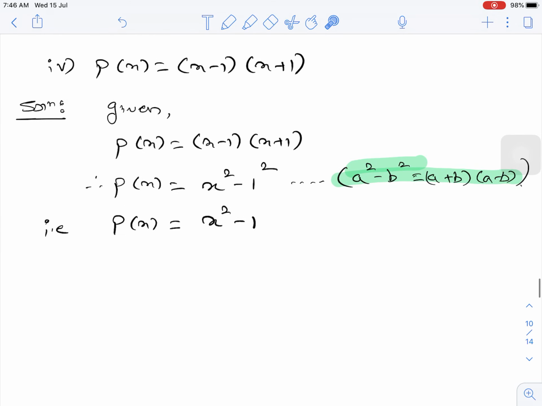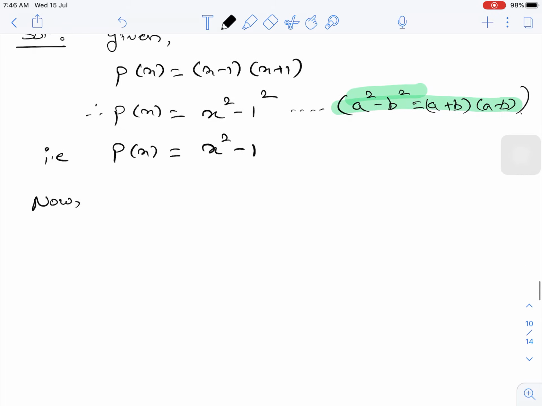So let us find it one by one. Now p0 equals, so before writing p0, again we have to write it this way.